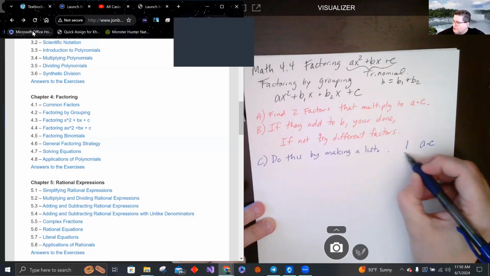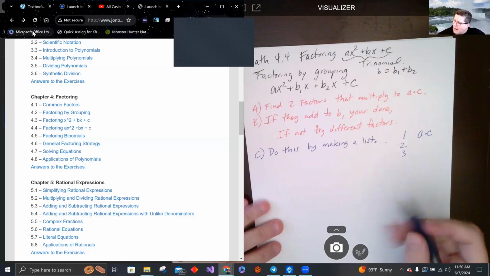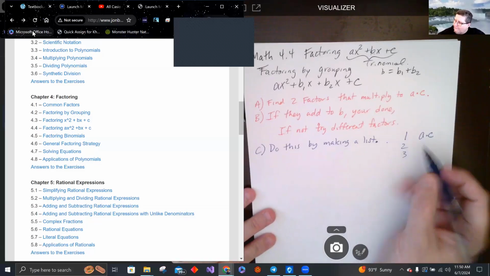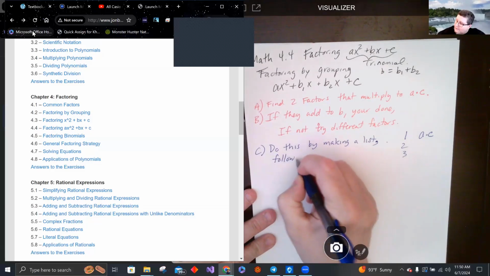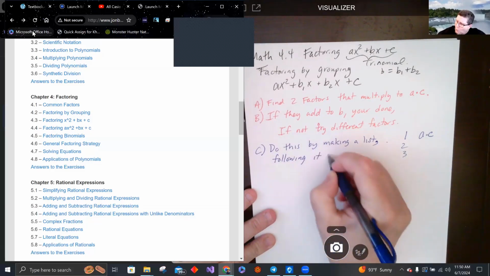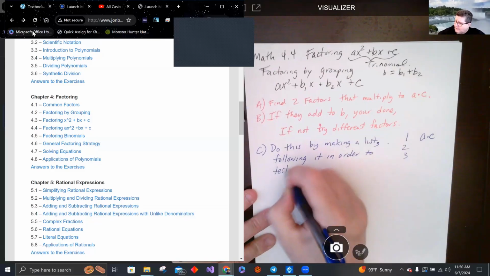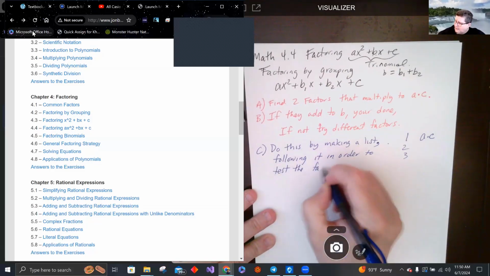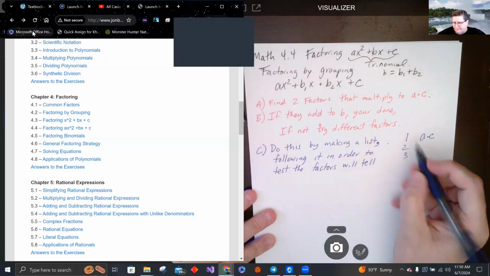Then we'll try 2. Then we'll try 3. And I think you'll see how this list works. By making a list and following it sequentially to test factors, following it in order to test the factors, will tell us if this does not factor.